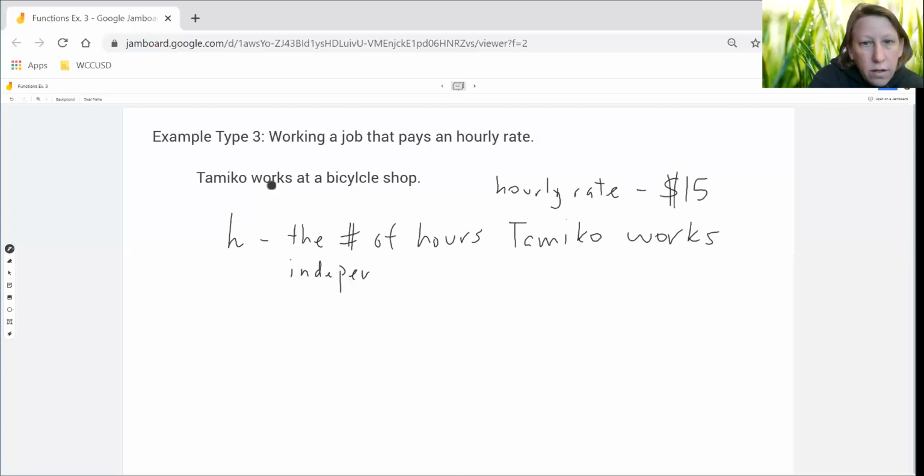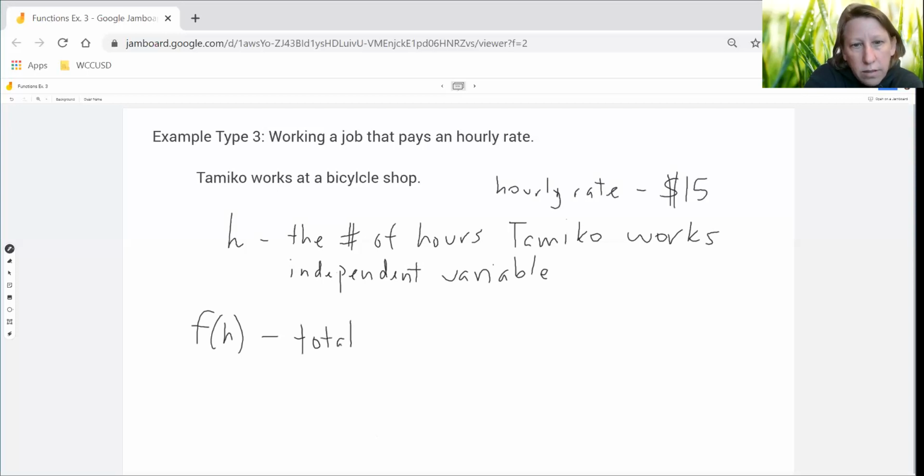And what's the dependent variable? The dependent variable is f of h. That represents the total amount Tomiko earns. That's the dependent variable. This is an h, by the way.